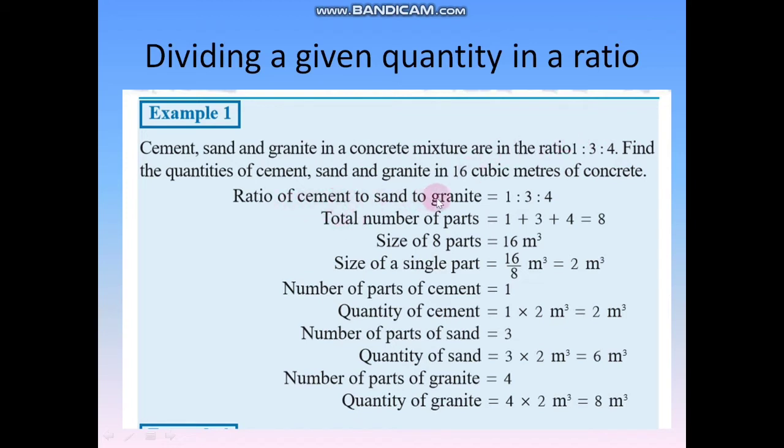See, the ratio of cement to sand to granite is 1:3:4. To find the total number of parts, we have to add each element in this ratio together. 1 plus 3 plus 4, we get 8. The size of 8 parts is 16 cubic meters.